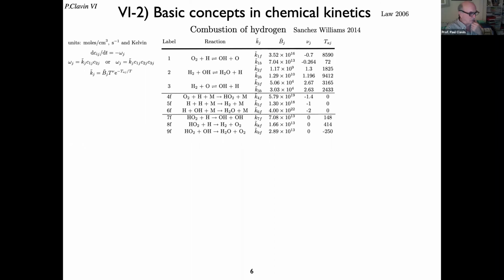But it turns out, as I am going to explain to you, that it could be reduced to a one-step model, including the topic of the present lecture, which is the extinction limit.